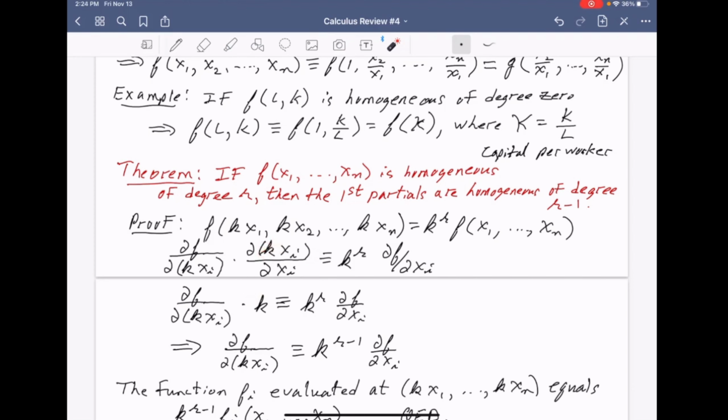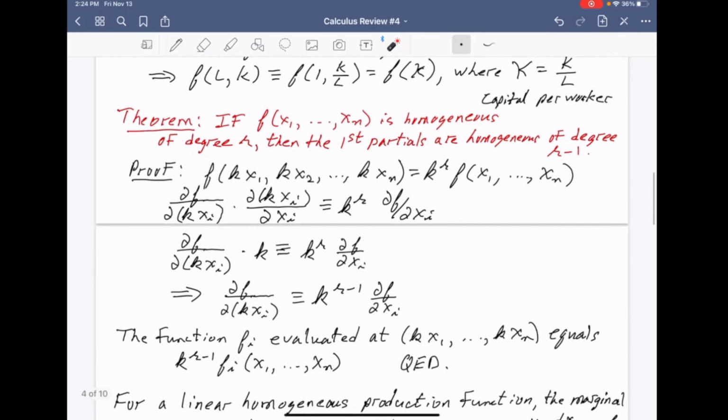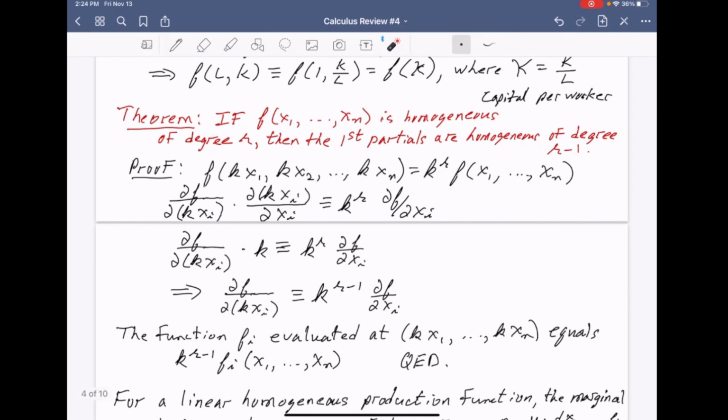So we get the partial of f with respect to kxi times k is equal to k to the r times the partial of f with respect to xi. So we bring the k to the other side, and that's like subtracting a k, dividing by it. In other words, it's like subtracting a 1 from the exponent, and we get that the partial of f with respect to kxi is equal to k to the r minus 1 times the partial of f with respect to xi.